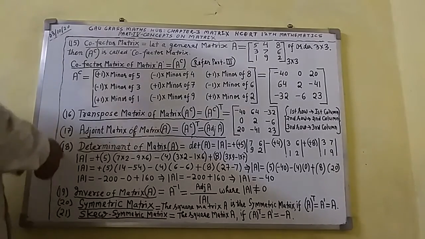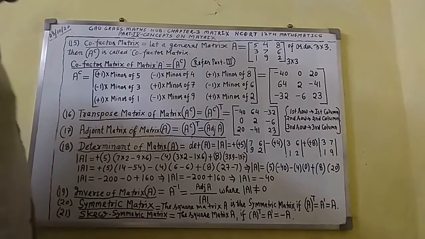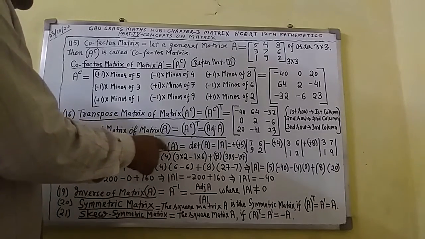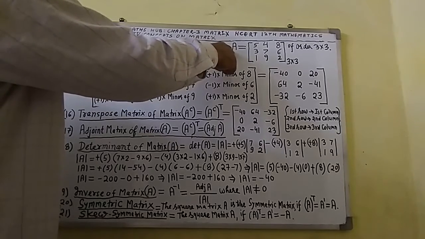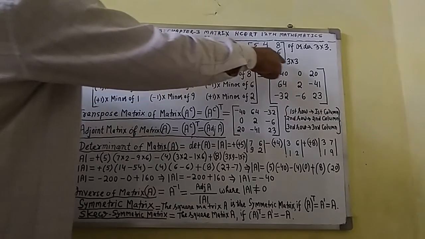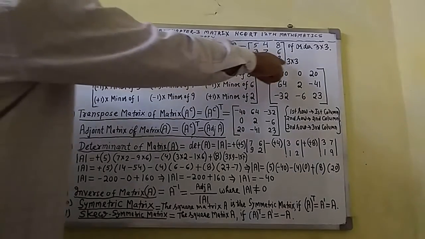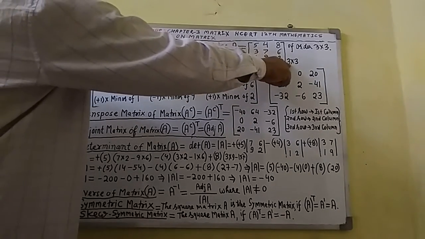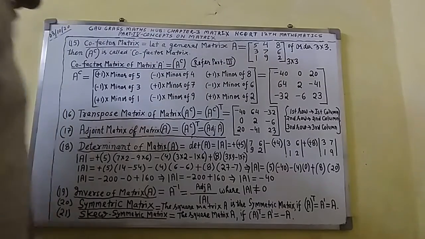Point number 18 is the determinant of matrix A. Here you can see the general matrix capital A is of order 3 cross 3. The number of rows is 3 and the number of columns is also 3.